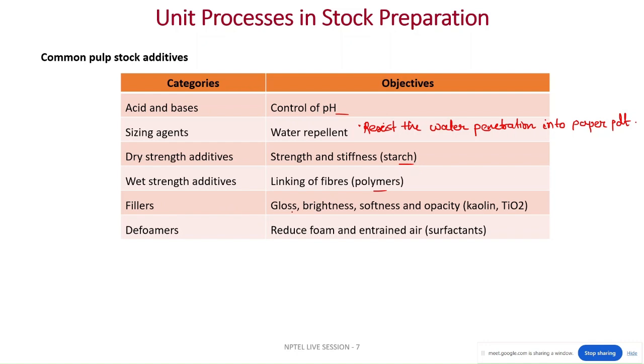Fillers are added to the slurry to increase the brightness, bulkiness, and also flexibility, opacity, softness. These kinds of features are added to the paper using fillers. Fillers, for example, kaolin or titanium dioxide.